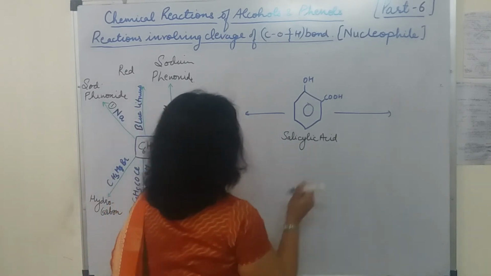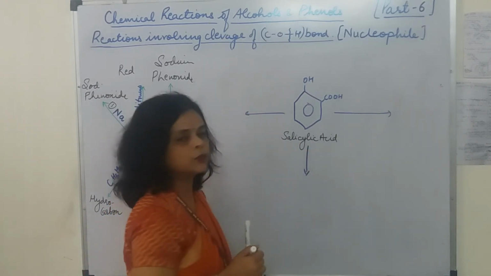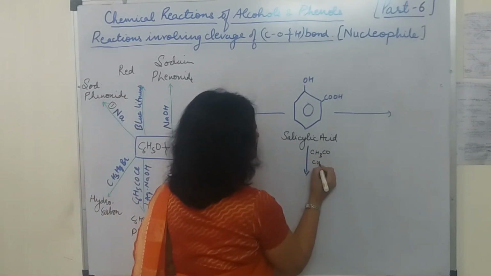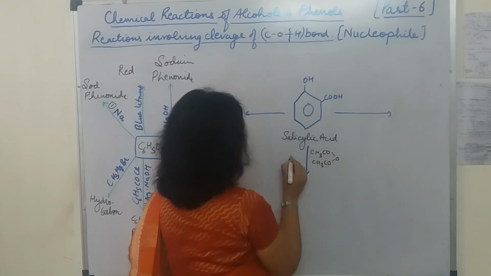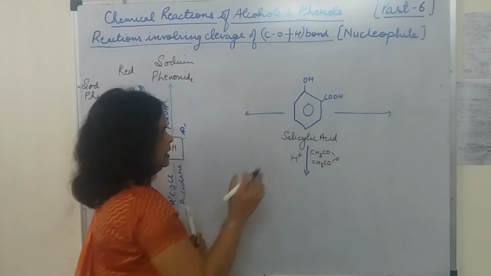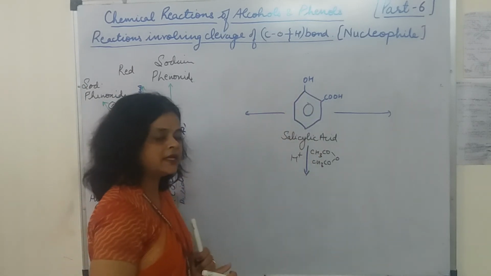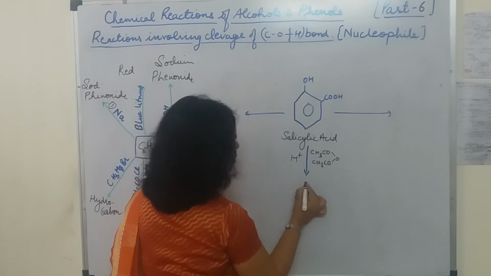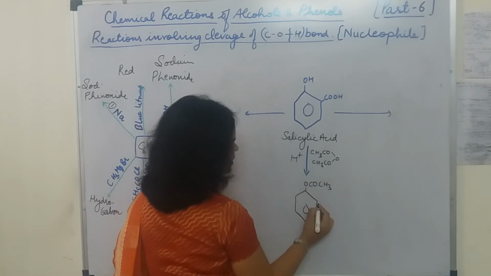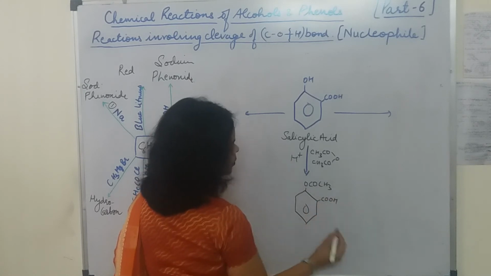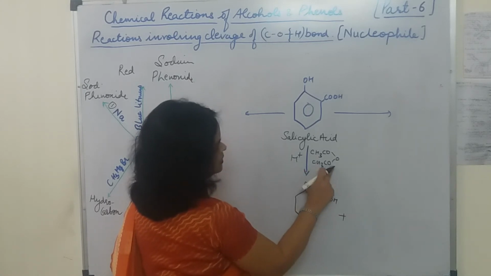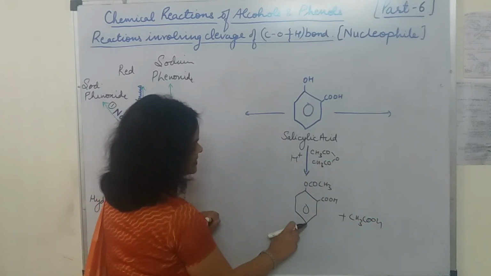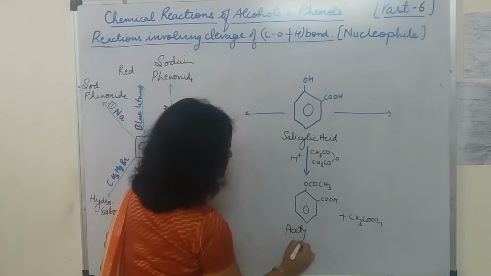Now, when the salicylic acid combines with acetic anhydride, CH3CO, CH3CO, O, in the presence of acid, this H will get replaced by an acyl group as we had already seen. So we will write down the structure OCOCH3, and here it will remain as it is. What was the side product, students, here? CH3COOH.